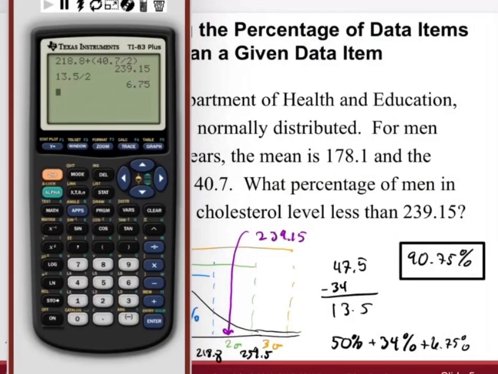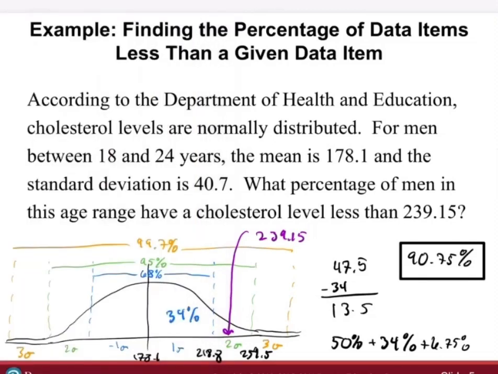So I'll kind of explain what they did. I don't even know I was doing it this way. 50 plus the 34 plus 6.75. 90.75.